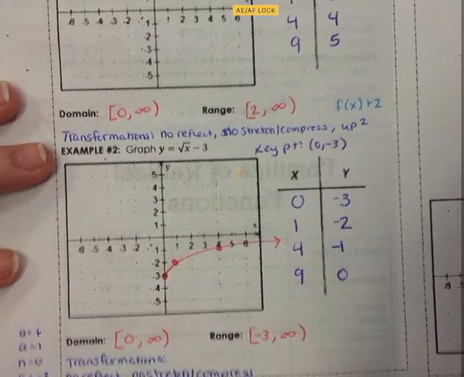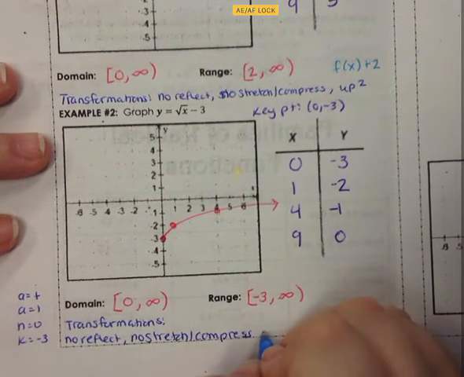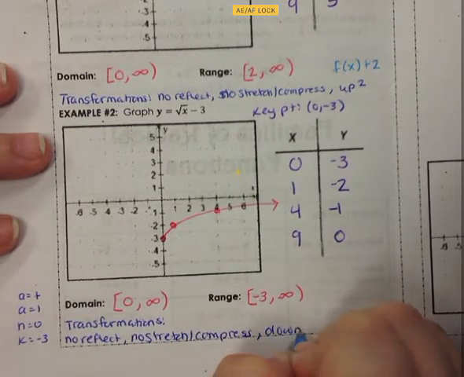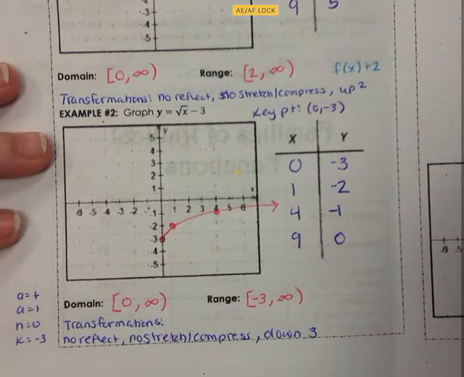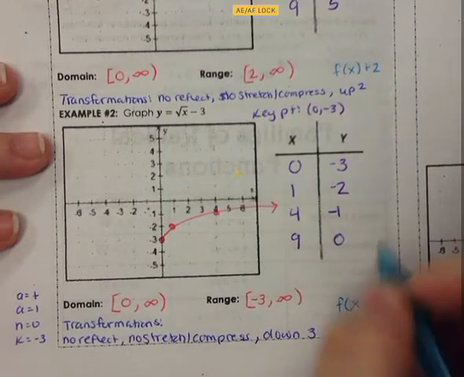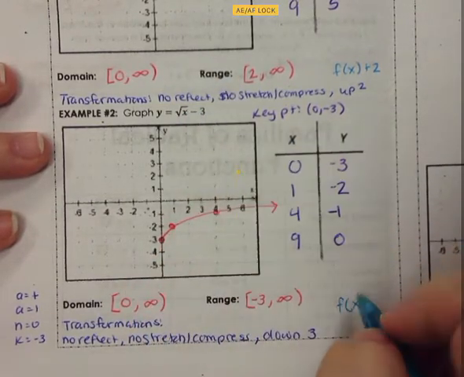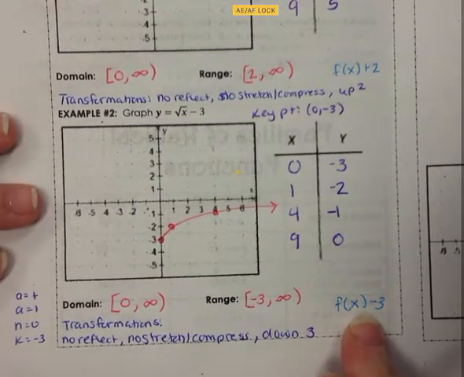It does not go left or right, but it does go down 3. And if we were to talk about the function notation, we would write it as f of x. There's nothing inside with it, so we'd close parentheses and then minus 3. That's just telling us that the function is going down 3.